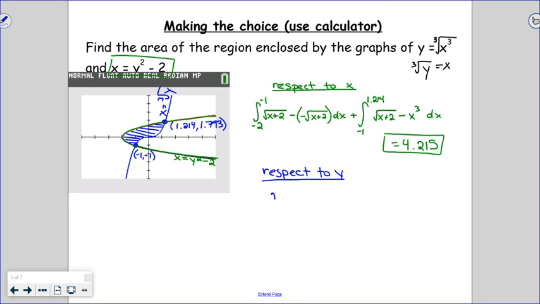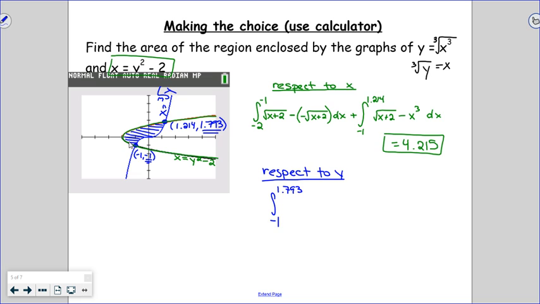If we integrate with respect to y, our shaded region on the y-axis starts down at -1. And it continues up until the top of this, which is, again, our y value of 1.793. And this is, again, going to be a new idea for us, but going right to left.